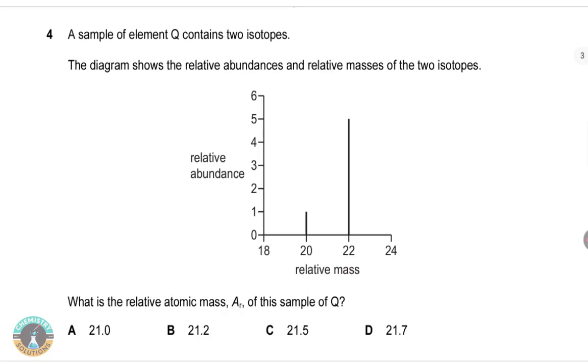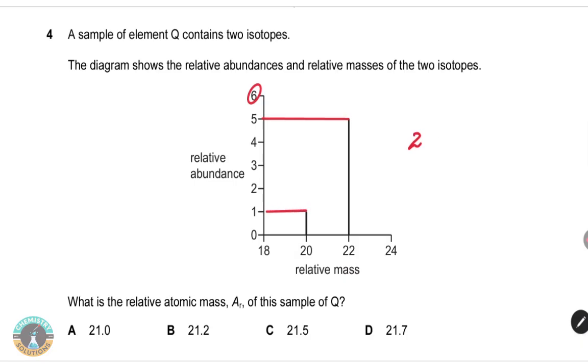Next question is: a sample of element Q contains two isotopes. The diagram shows the relative abundances and relative masses of the two isotopes. So the total abundance is given to us, that is 6. Okay, so 20 multiplied by 1, 22 multiplied by 5.